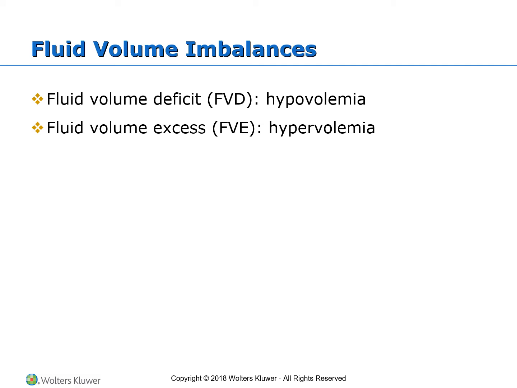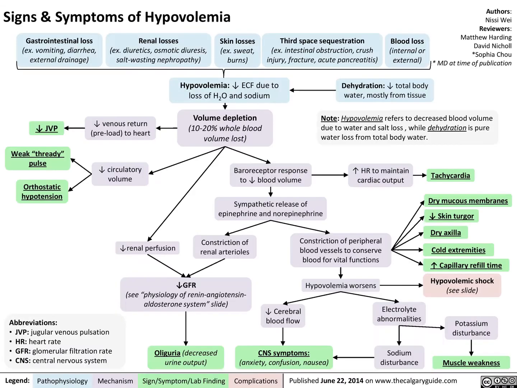There are two types of fluid volume imbalances. You can have fluid volume deficit, or hypovolemia, and then fluid volume excess, which is hypervolemia. Hypovolemia can occur alone, or it can occur with other imbalances, but it occurs when the loss of extracellular fluid exceeds the amount of water or fluid intake.